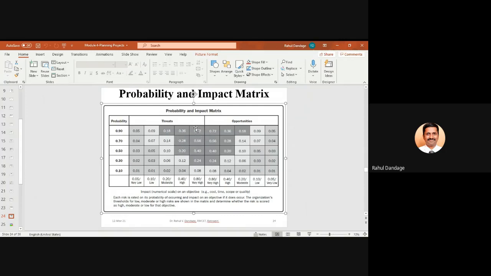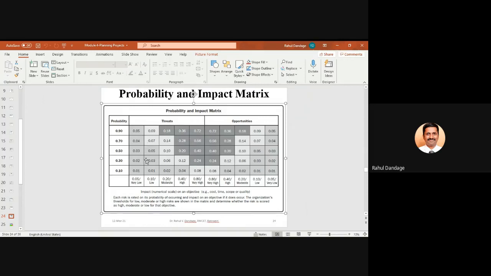These are the severe kind of risks. As you move towards the origin, you can see the probability multiplied by impact values will go on lowering, and those will be considered very low priority risks. And the intermediate ones will be moderate priority risks.